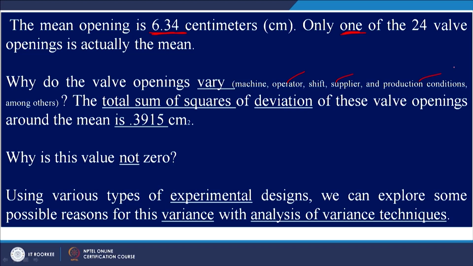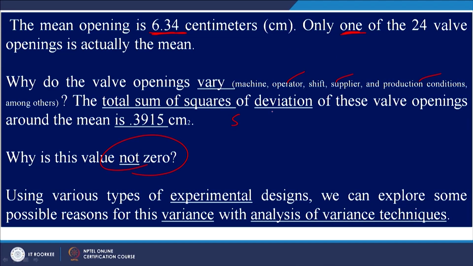This could be due to, let us say, different workers working on a machine, different shifts, or raw material coming from different vendors. So, there can be multiple reasons, either due to operator or supplier or production conditions, humidity, temperature and so on. These are different reasons why valves of different diameters are being produced.